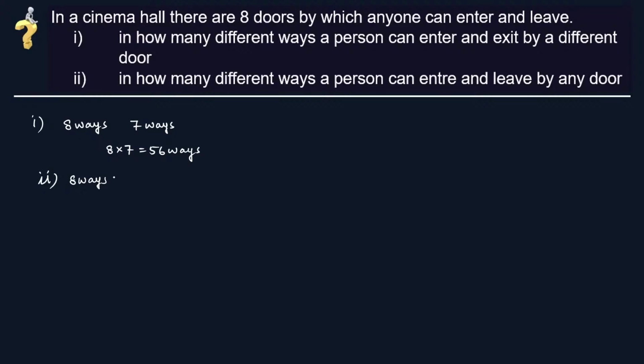Therefore, the total number of ways of entering and leaving by any door in the cinema hall is 64 ways. Have you understood the problem? Very simple problem, but a very nice problem to make the fundamentals of your counting principle clear. Okay, so let's move to the next problem.